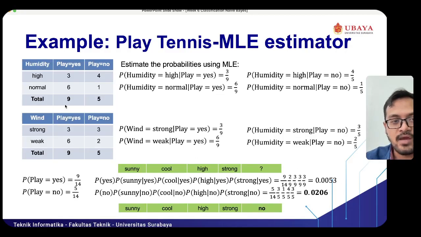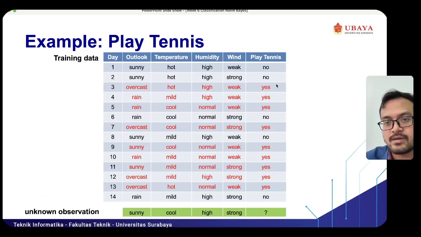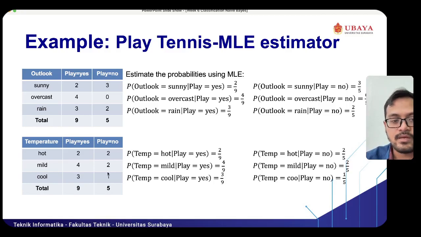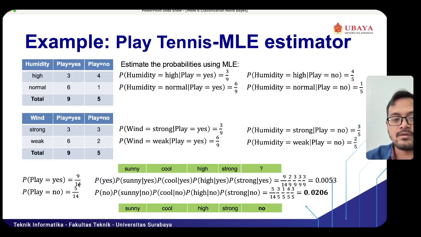We can see that we have 9 yes conditions in our previous data set: 1, 2, 3, 4, 5, 6, 7, 8, and 9. So 9 divided by 14, because we have 14 observations in our training data set. So the probability that playing tennis equals yes will be 9 divided by 14.